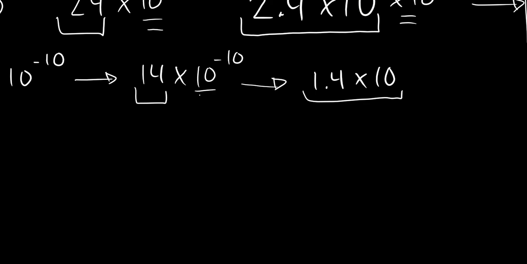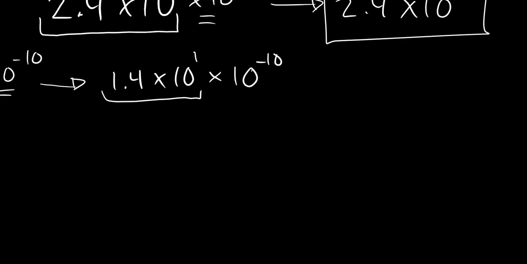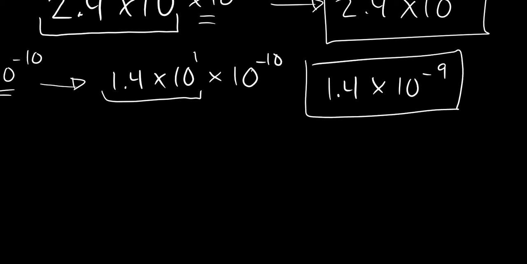But I've got to bring over the fact that I'm multiplying this by 10 to the negative 10th. So now let's just clean this up. I've got 10 to the positive first and 10 to the negative 10th. So that's going to give me 1.4 times 10 to the negative 9th power. There we go. That's it in scientific notation.